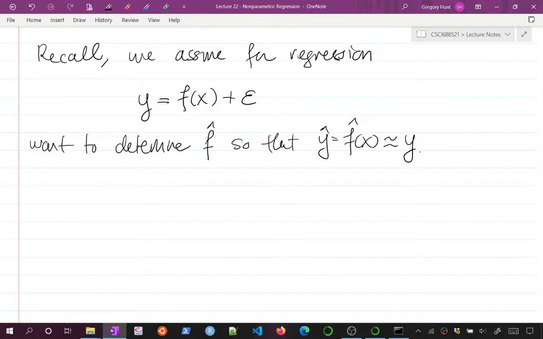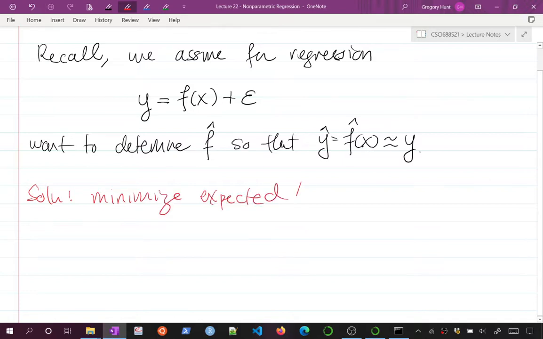And one way that we had considered doing this was we could minimize our expected squared loss. So our solution was something like minimize expected loss. This is called our risk.